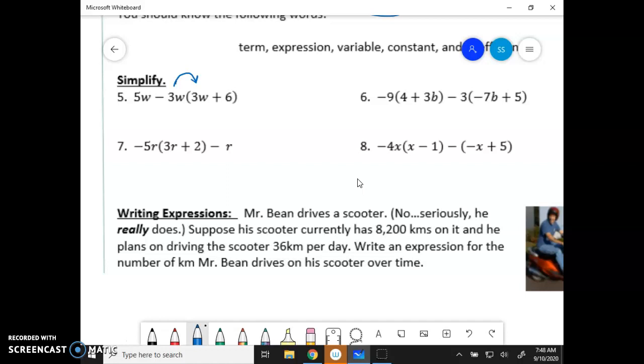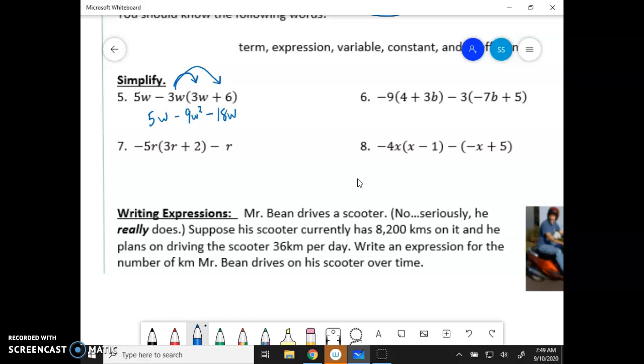Negative 3w times 3w is going to be negative 3 times positive 3, which is negative 9, and then w times w, which is w squared. All right, and then we do our second distribution, so it's negative 3w times positive 6, which is negative 18w, and then we can just drop down this 5w, and now we just combine like terms.